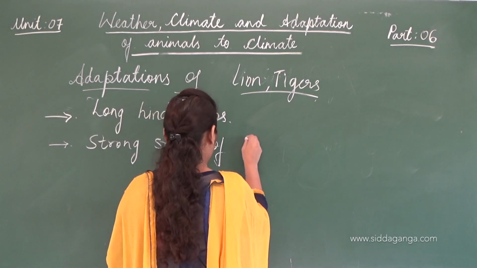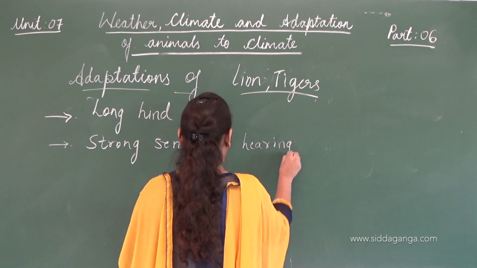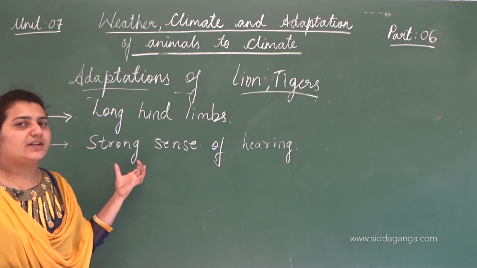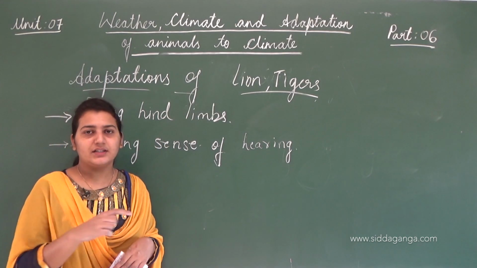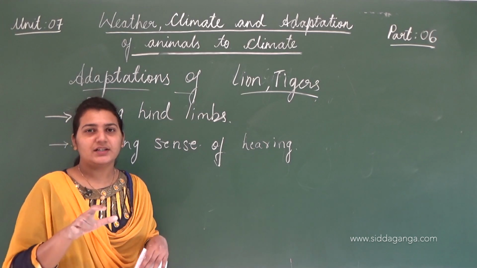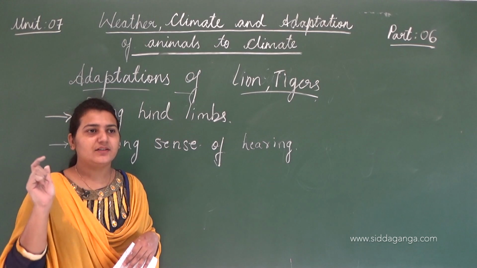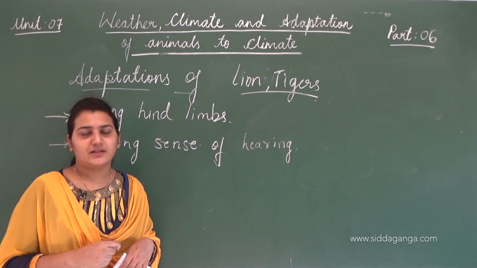Also hearing. These animals have a very strong sense of hearing. You might have seen on Discovery channels, these lions and tigers silently sitting somewhere in a corner, and whenever they hear a sound, they run fast and grab the prey, right?